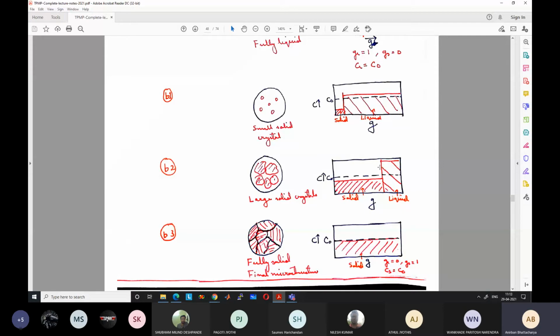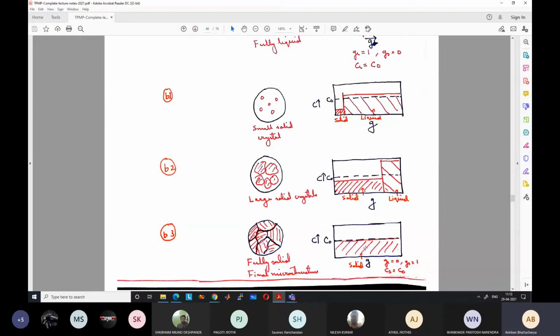But if there is infinite time available, and if there is a solid of 5% concentration and adjacent to it there is a solid of 6% concentration, the atoms from the 6% concentration will diffuse to the 5% concentration solid, and both will come to an average concentration, say 5.5%. So this average concentration can happen only if there is infinite time or the diffusivity is infinite.